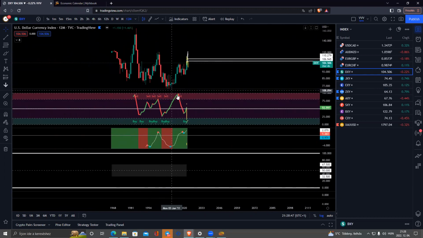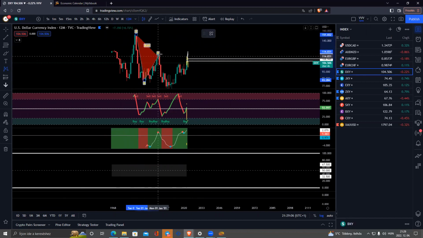On yearly basis, there is still a big potential for the dollar to move, and this looks like a V pattern actually, also known as a head and shoulders harmonic pattern.